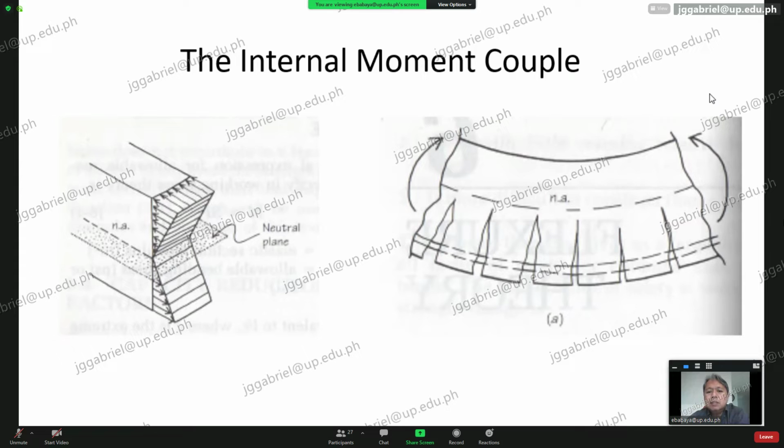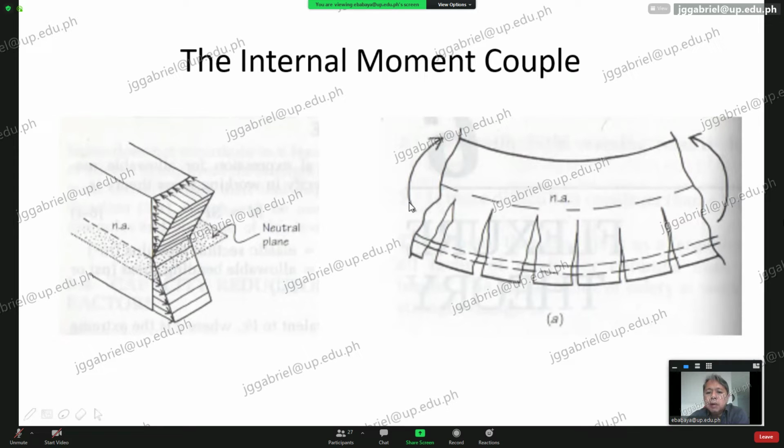So if that structural member is subjected to a vertical load, say for example, its self-weight or even other weights, let's say weights of partitions or slabs, when it is subjected to those forces or bending forces, this part will be subjected to compression.